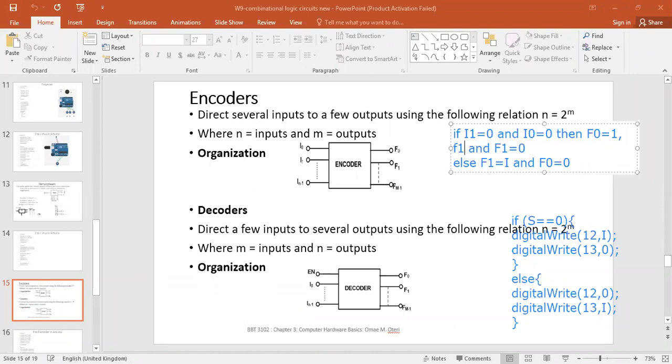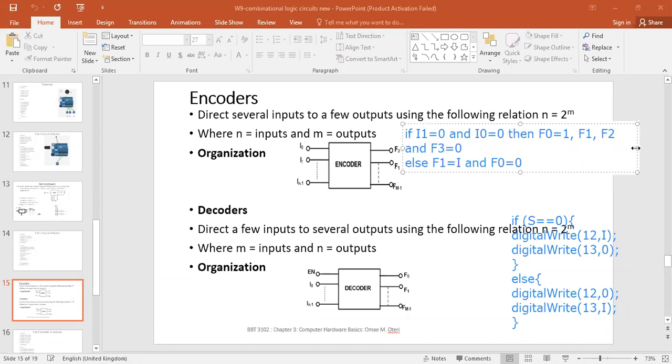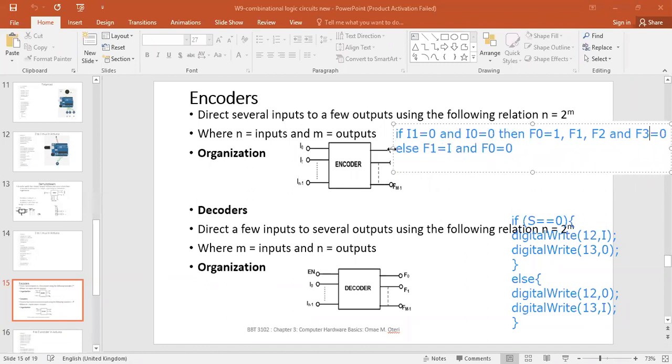F1, F2 and F3 will be equal to 0. That's what you need to do. And you get your pseudocode for that.